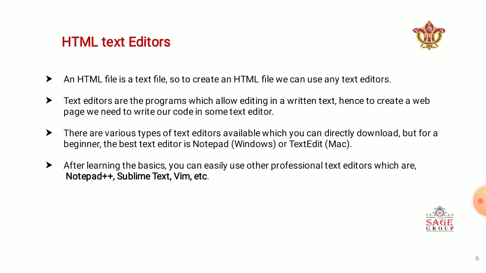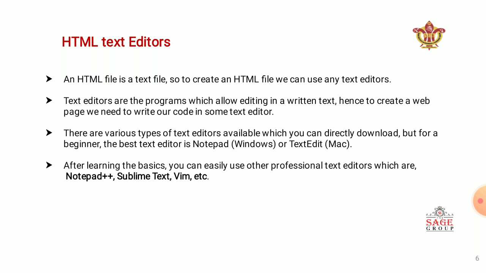HTML text editors: an HTML file is a text file. To create an HTML file, we can use any text editor. A text editor is a programming platform where we can write a program in HTML and create web pages.